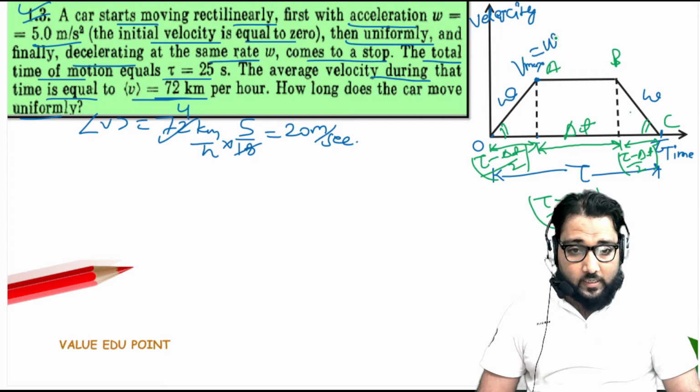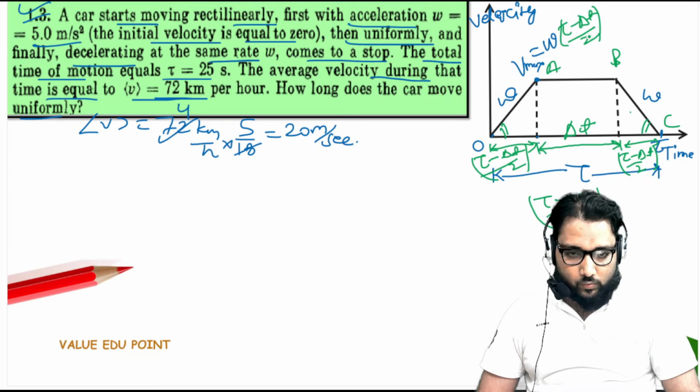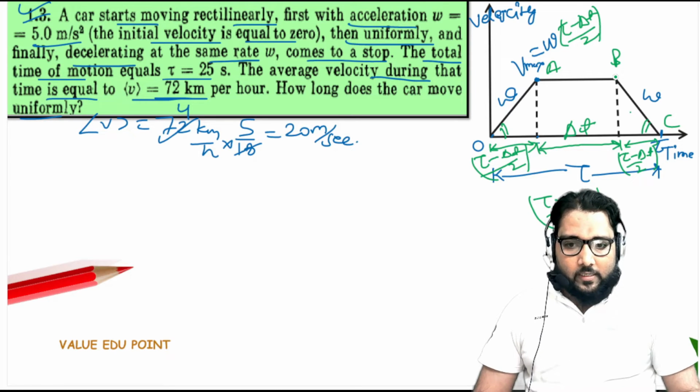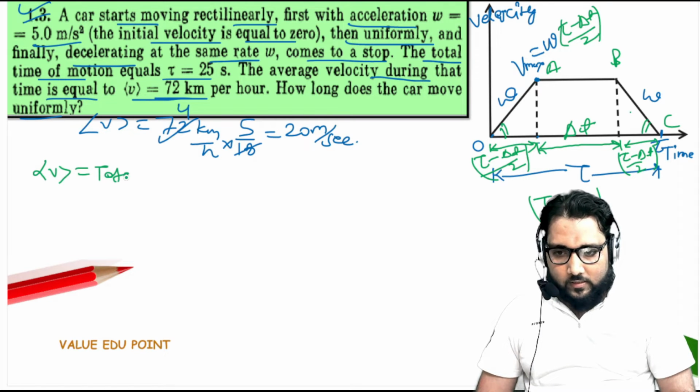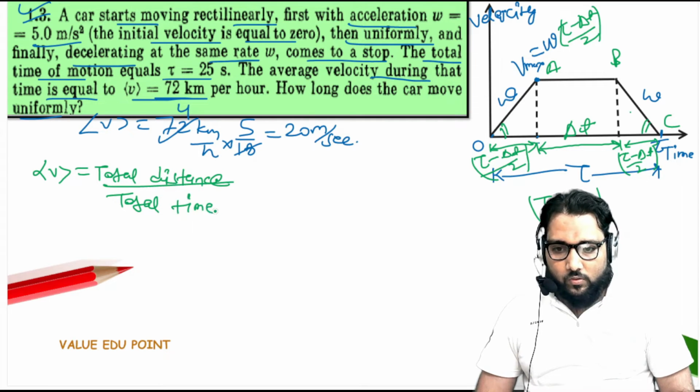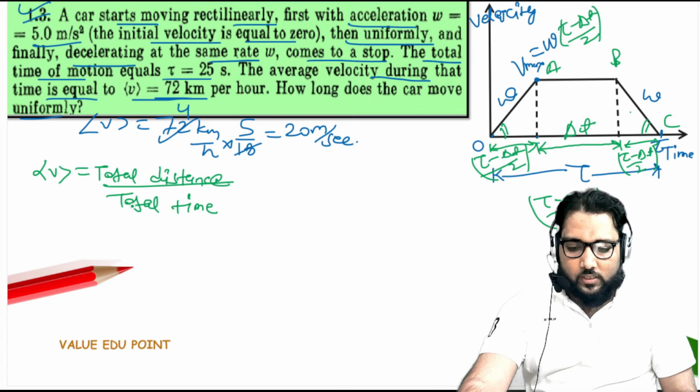So here omega t, the time will become here tau minus delta t by 2. Okay, guys. So now again we come to the average velocity formula, that is total distance upon total time. Okay, so this is the average velocity.